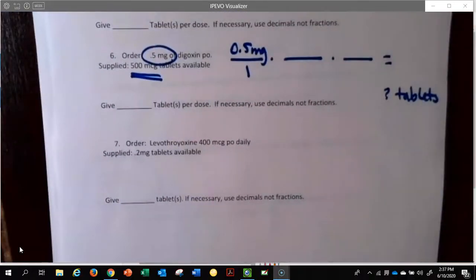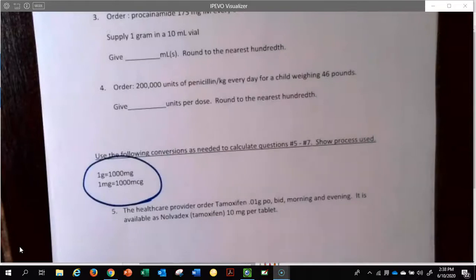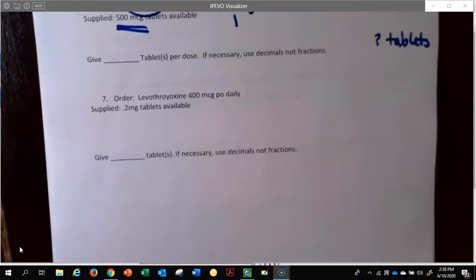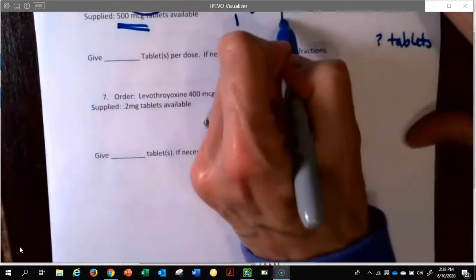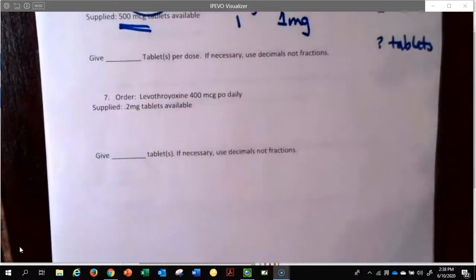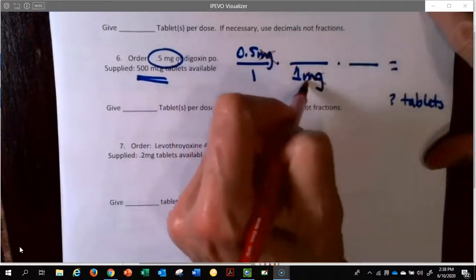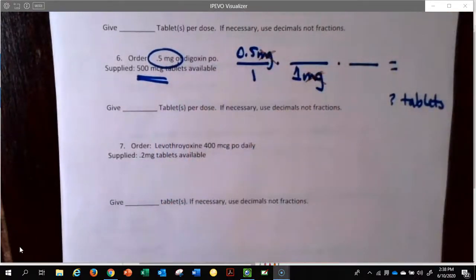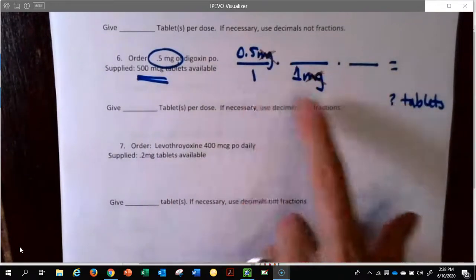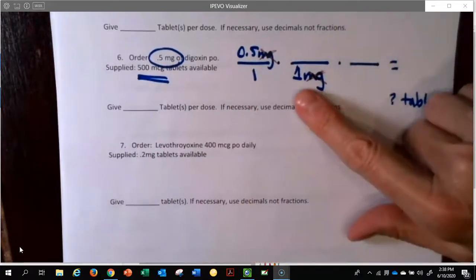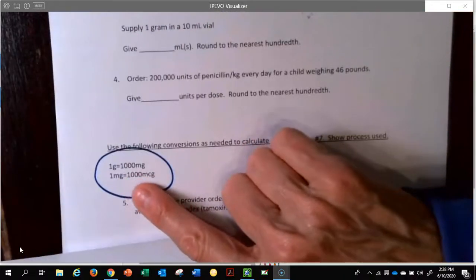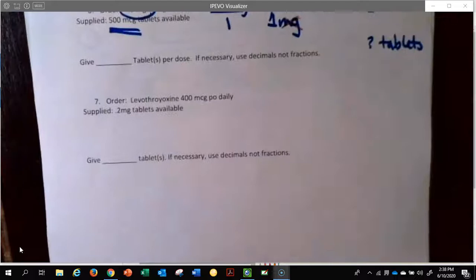And so if the conversion here has a 1 milligram, I need my 1 milligram to be in the denominator, because I need my milligrams to go away. I need my units to go away, and they can only go away top to bottom, not side to side. But if I'm going to put in 1 milligram, I have to put in its equivalent of 1,000 mcg.